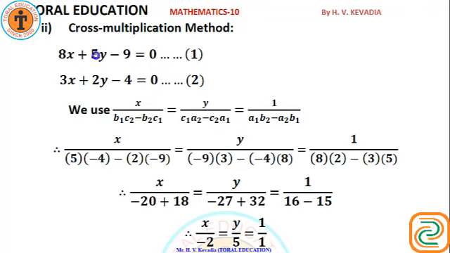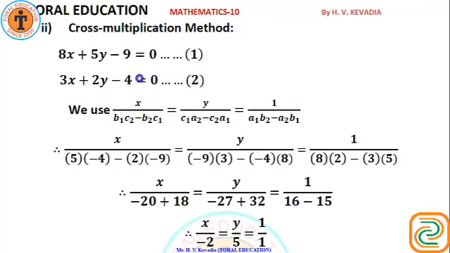Now b1c2: b1 means coefficient of y in equation number 1, c2 means the constant term in equation number 2. b1c2 minus b2c1. So 5 into minus 4, minus 2 into minus 9.